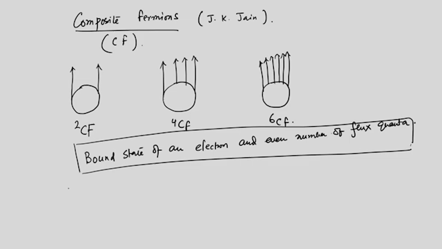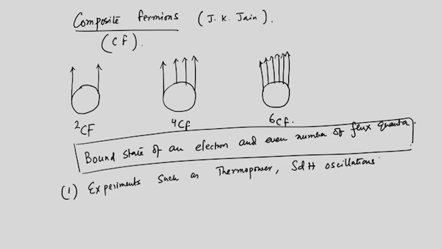Okay. So two sort of things happen. Number 1, experiments. There are others as well, but I have not written them, such as thermopower, SDH oscillations. We have discussed this in our earlier lectures, Shubnikov-de Haas oscillations, etc. are supported by this CF picture.